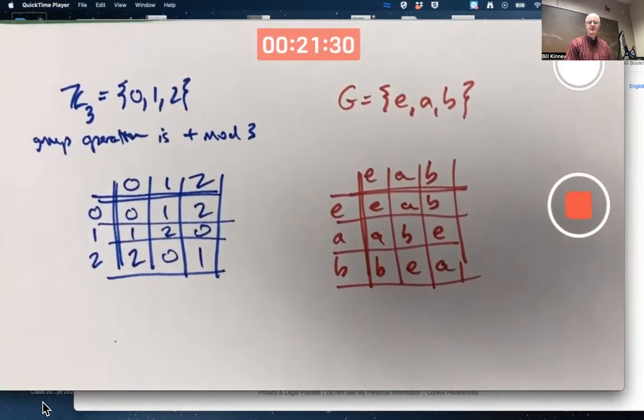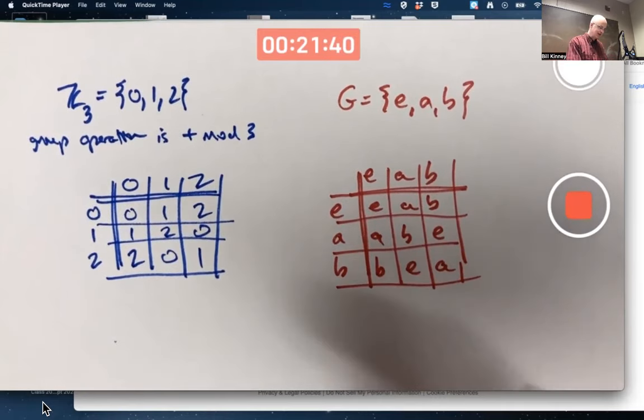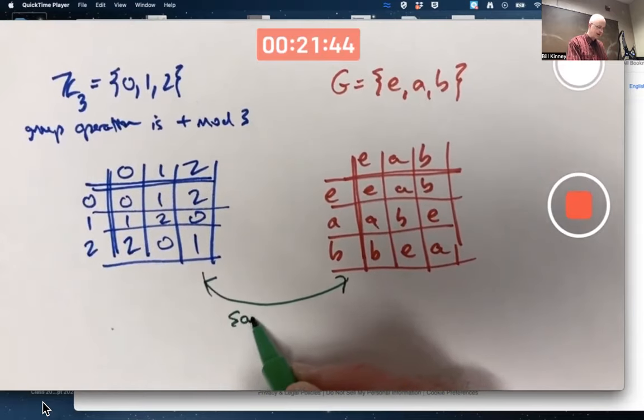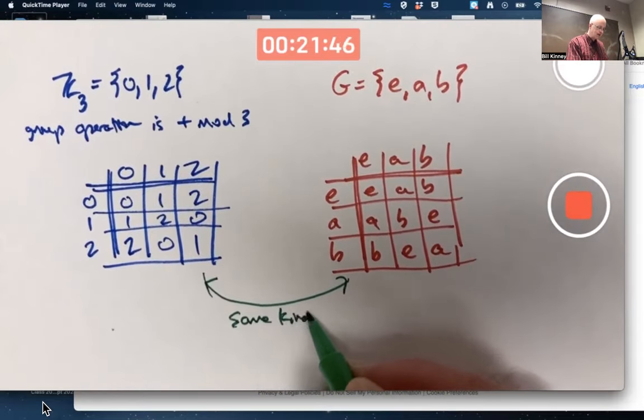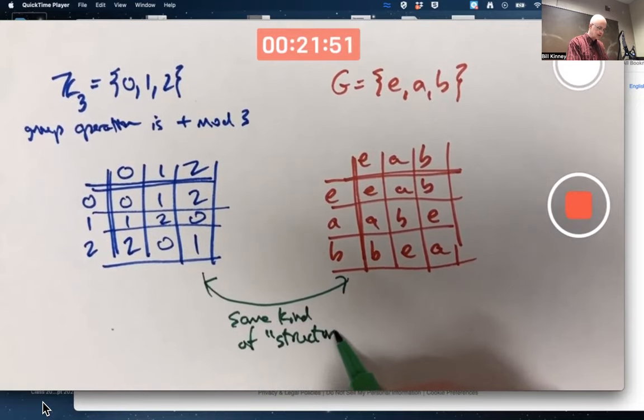E plays the role of 0, A plays the role of 1, and B plays the role of 2. It's a similar structure. I'll put the word structure in quotes.